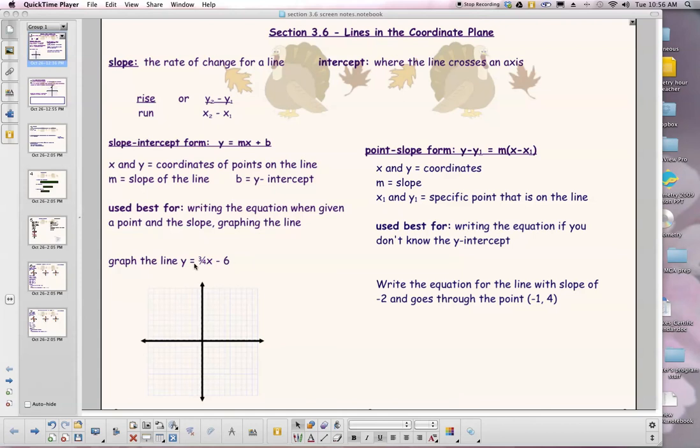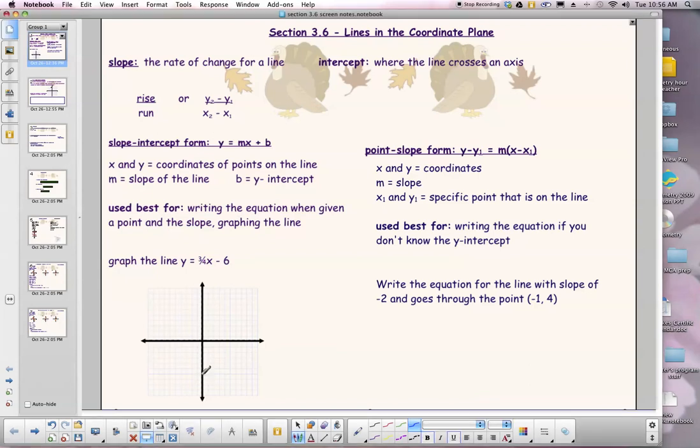For example, if they give you y equals 3/4 x minus 6, that means that where it crosses the y-axis is at -6, so you would count down 1, 2, 3, 4, 5, 6, and that's the point where it would cross the y-axis.